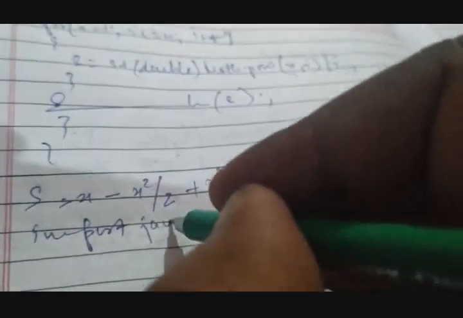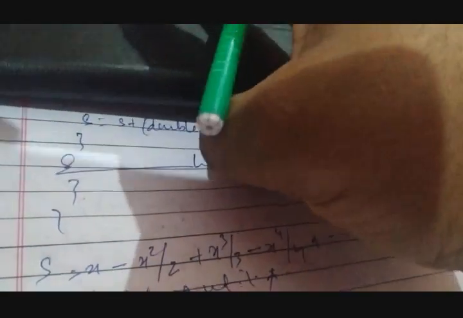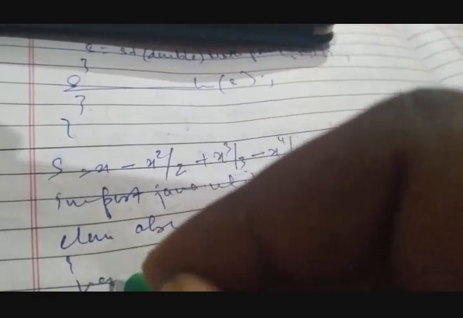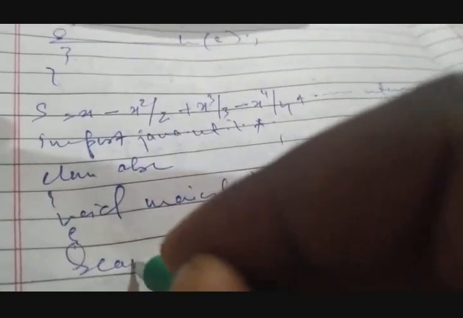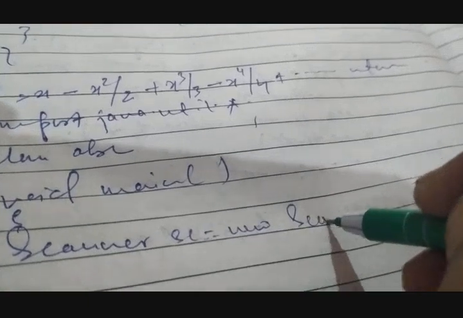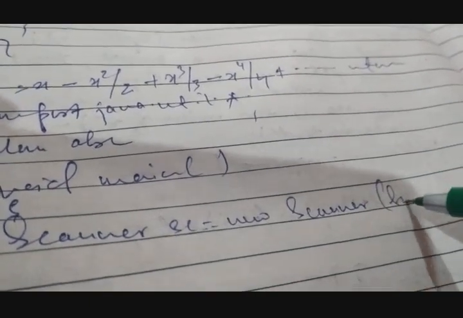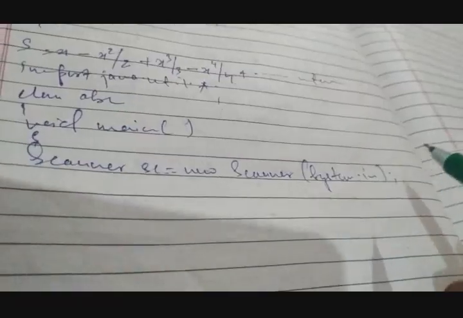So import java.util.Scanner, class ABC, void main, Scanner sc equals new Scanner(System.in). So here we go.